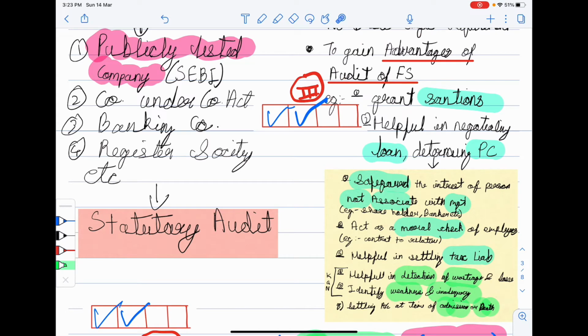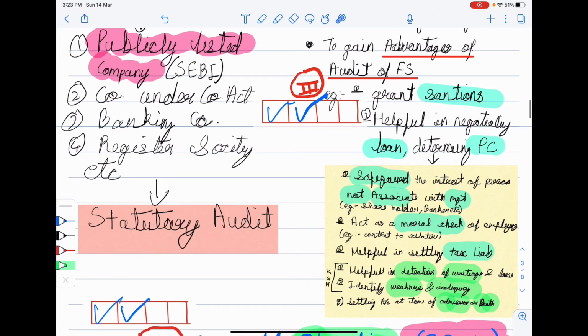This could be a good question for your exam. So let us read together what are the advantages of audit of financial statement. Okay, let's go. Number one, it helps in getting sanctions. Number two, it helps in negotiating loan and determining purchase consideration. It safeguards the interest of persons not associated with the management.